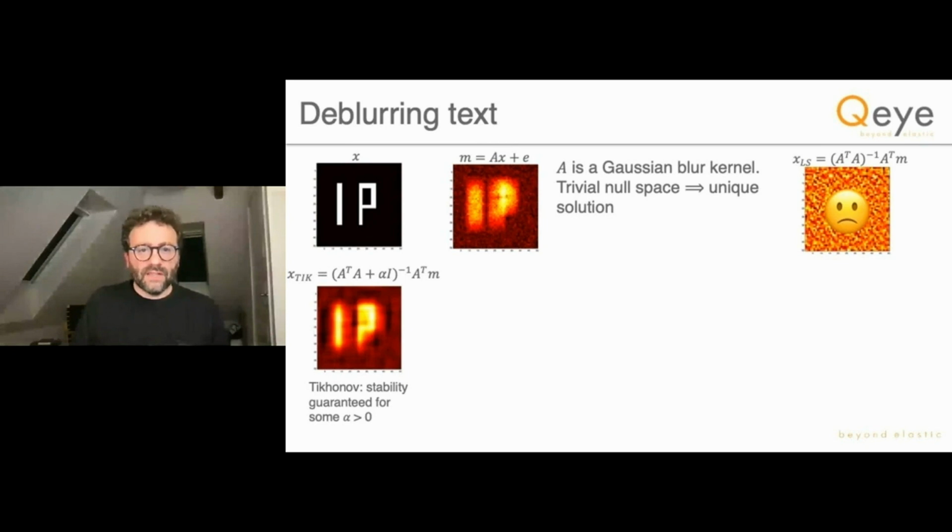But we can replace the math of the original problem by a different problem that is constructed in such a way that for some large enough value of alpha, we have a solution, and we hope it makes sense. And this is an example of a regularization. The result is smoothly varying, and it makes a lot of sense, but it's still far from the original.